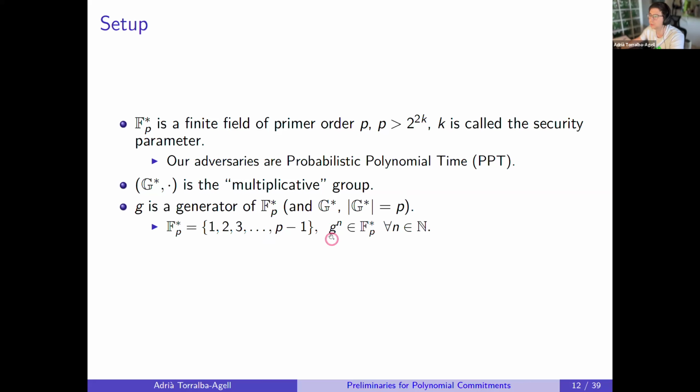So only with this g, we can obtain all the numbers on the finite field, okay? And finally, we will consider the degree of the polynomial we want to commit to be at most t, and this t should be lower than p.